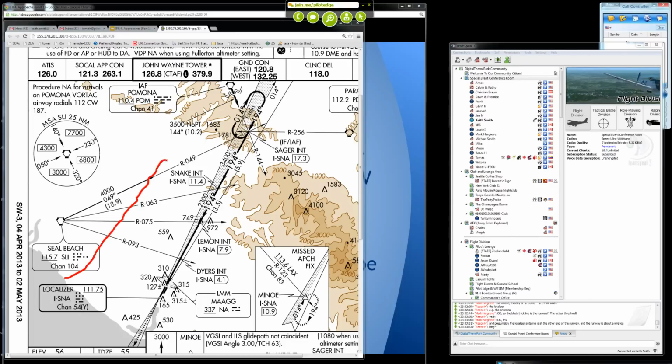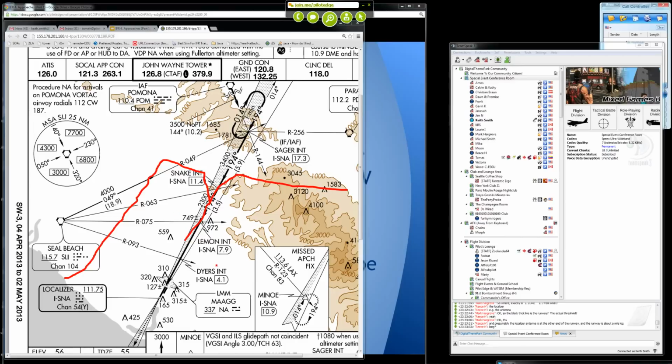Then they give you a right turn to say 100, and then another right turn to say 160 and tell you to join the localizer, and there's your vector to final right there. And then you fly the approach from there. Same thing could have happened from over here. We may have been vectored over here, a vector to final on, say, a 220 heading, like that, and join. So that's what's generally going on with vectors to final.